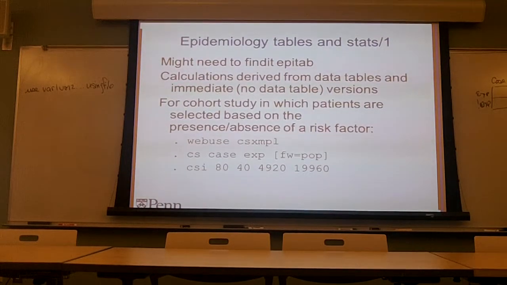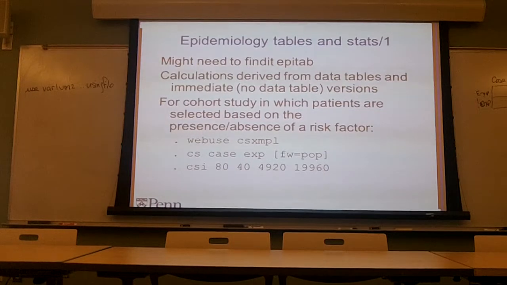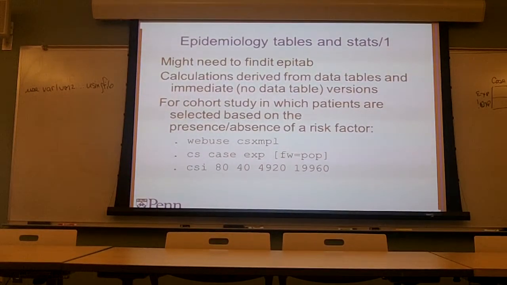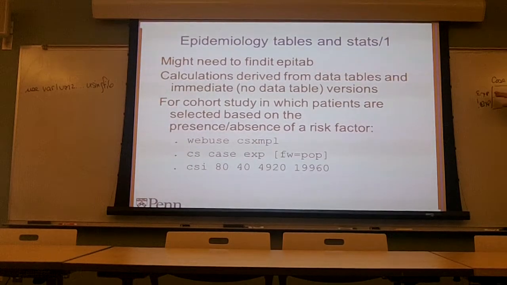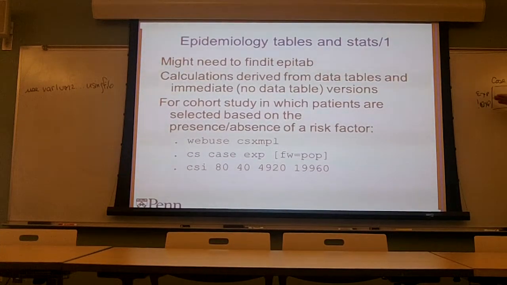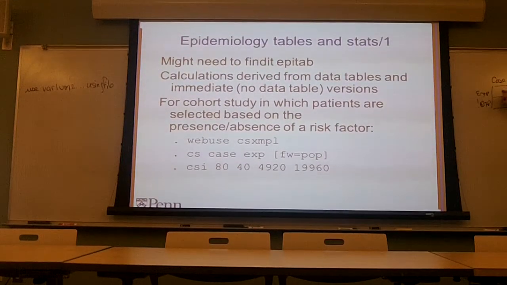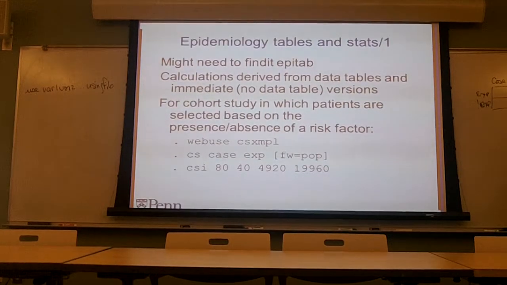So this is a typical 2x2 case control exposed, unexposed table that you would see in epidemiology. You want to look at the association between exposure to some caustic thing and the relative likelihood of coming down with some heinous disease as a result of being exposed to the caustic thing, right?